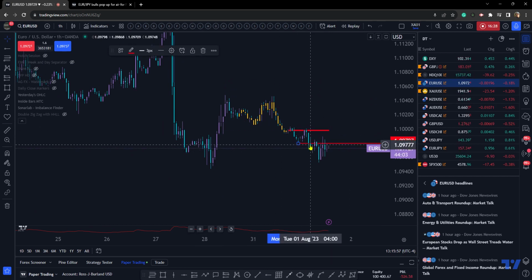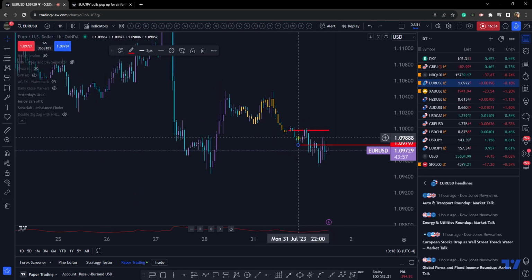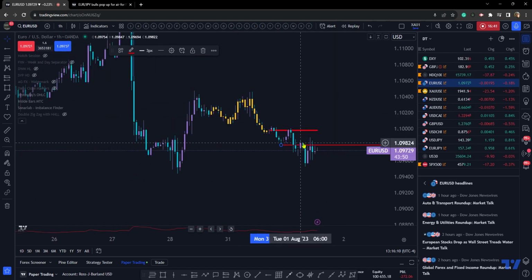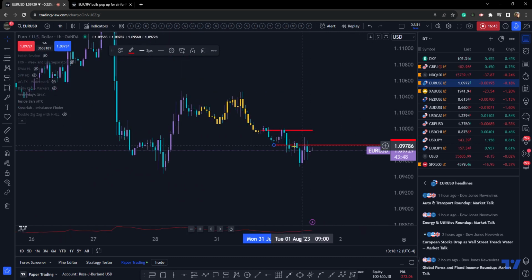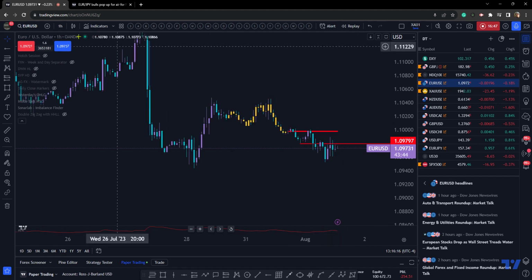So what's that telling me? That's telling me to sell. That's giving me a bearish bias for the day ahead. So a potential parabolic day to the downside, which we haven't actually had, but we've had some nice movement nonetheless to the downside.